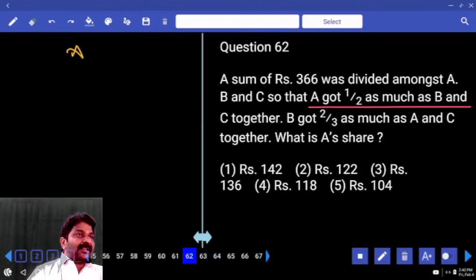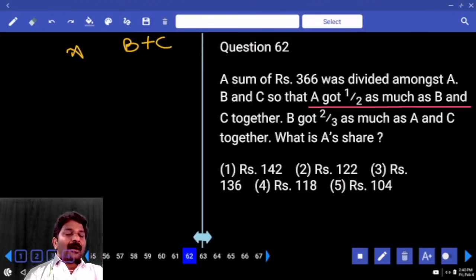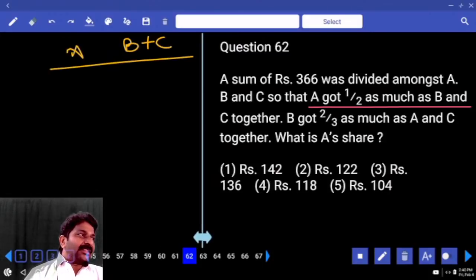A is getting, come on, half as much as B and C together. Correct? How much fraction is mentioned? What is the denominator? 2. So you must start with 2 parts. If BC is equal to 2 parts, A must be half of that, right?